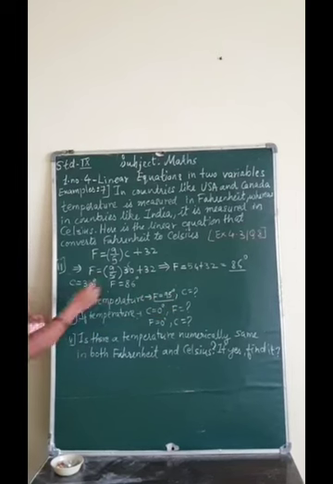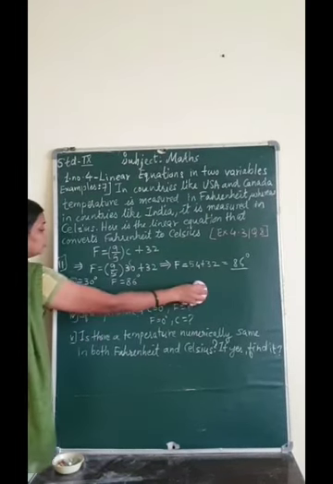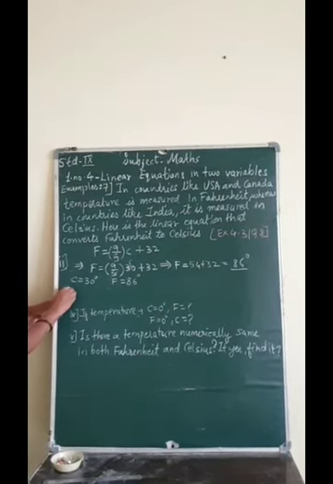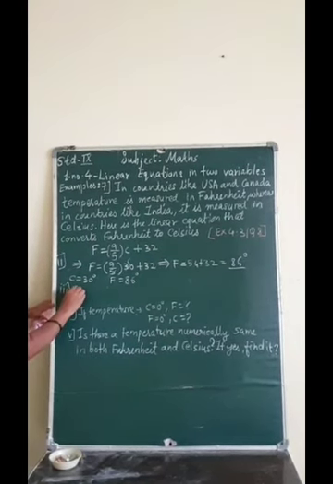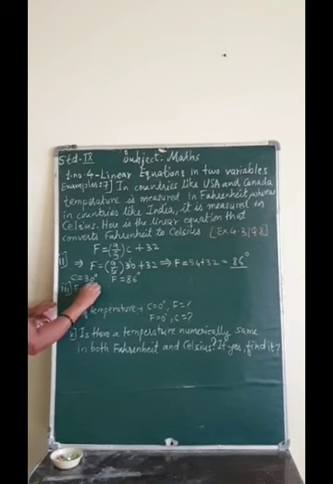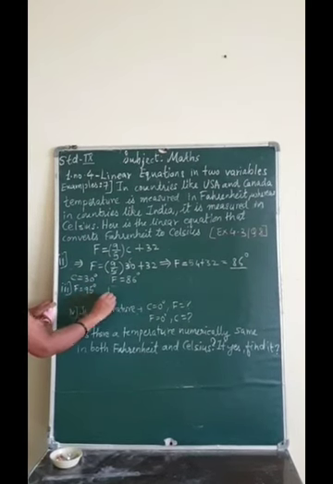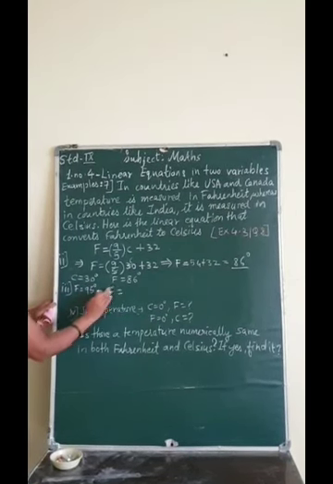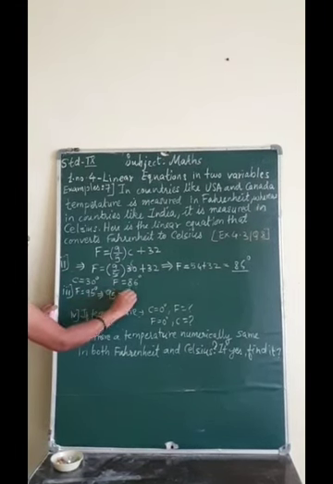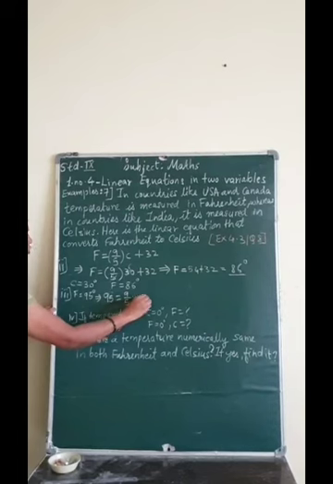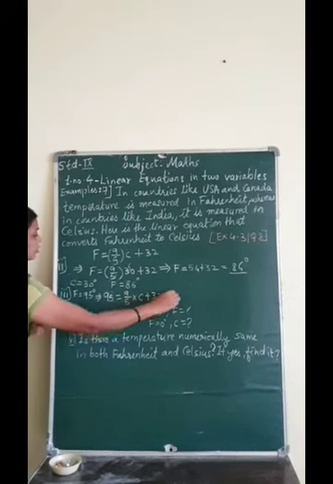Now F is given 95 degree, so the third one. When temperature in Fahrenheit is given 95 degree, then 95 is equal to 9 upon 5 into C plus 32.